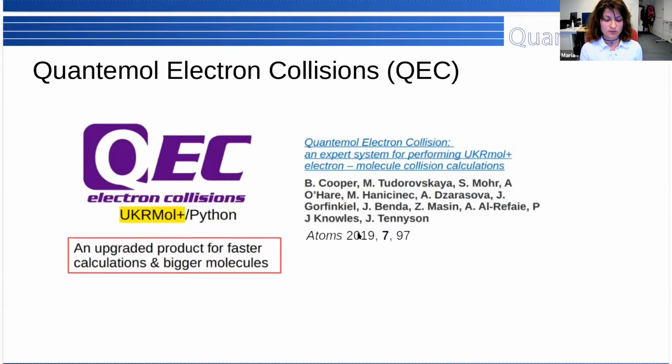The previous product we had was called Quantemol-N, and the new one, which we developed and released in 2019, is called Quantemol-EC, QEC. There is a paper by Bridgette Cooper, who is going to talk later, et al. in Atoms, and you can check it for details.